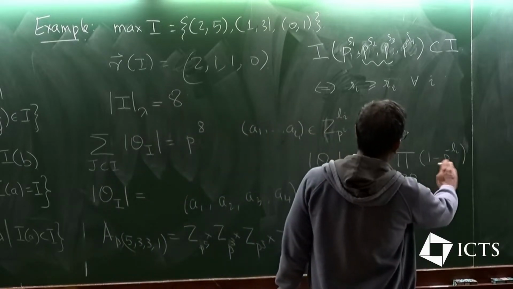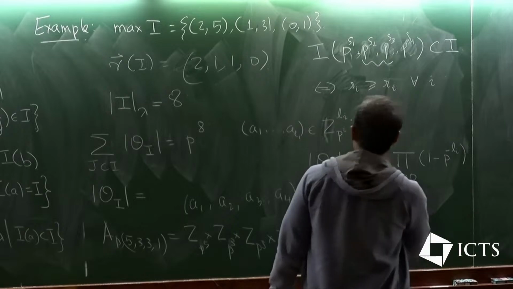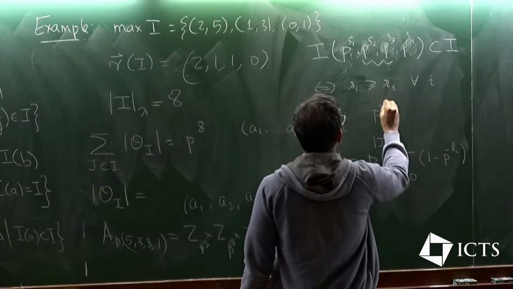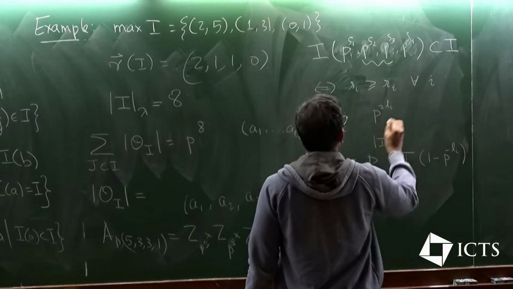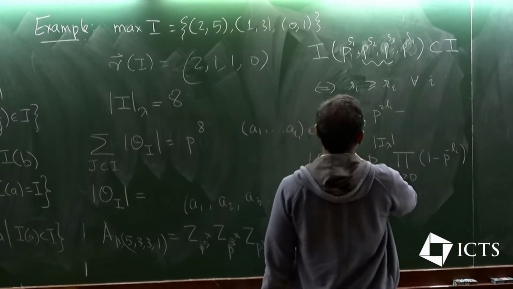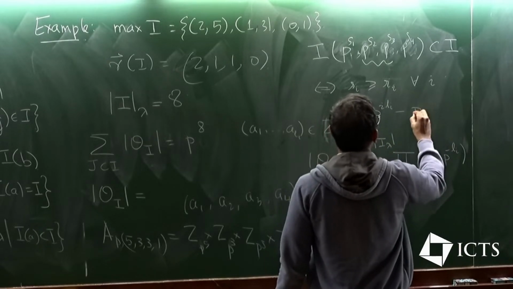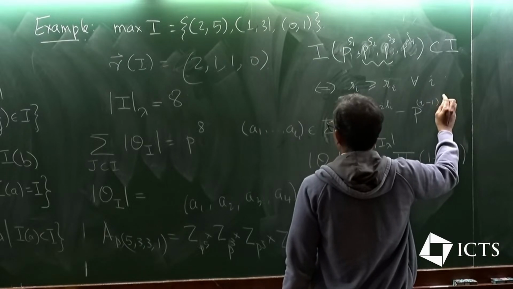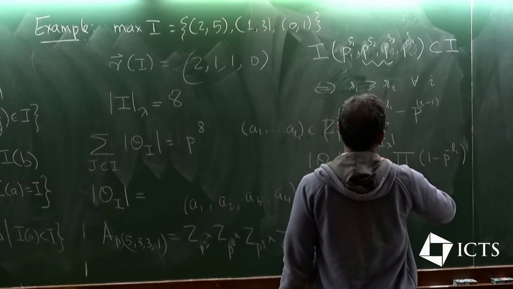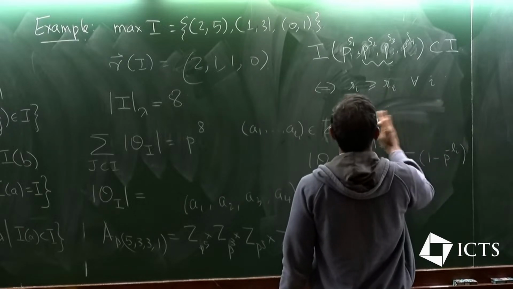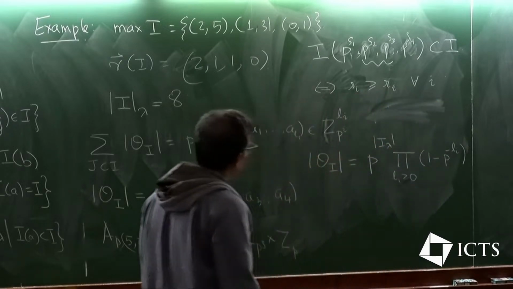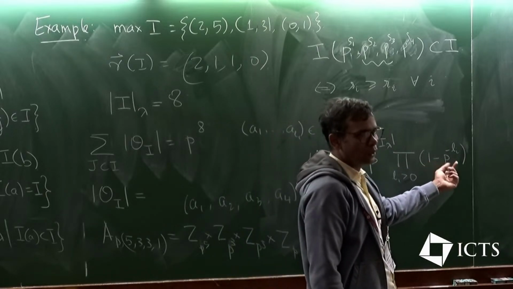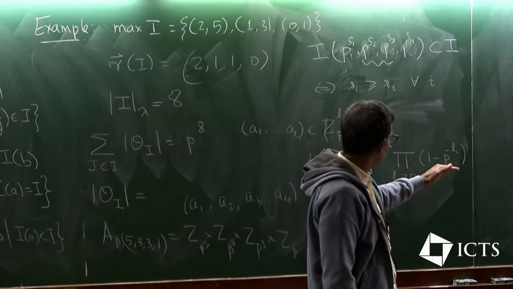So this term, what we're saying here is that you're looking at p to the power i λ_i minus p to the power i minus 1, not λ_i. Anyway, this is just coming from, in each coordinate you should put in a factor of p.